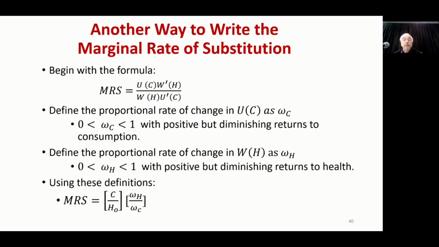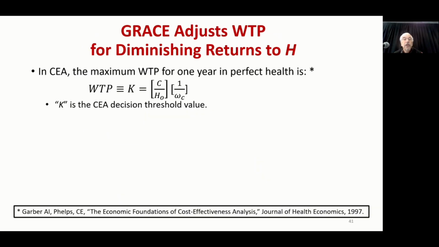And using those, we can redefine the marginal rate of substitution as consumption, the level of consumption you have, the dollar value of it, divided by health in the perfect state. That's equal to 1, actually, in the normal model. And then the ratio of these two proportional rates of change. So you can see here that the marginal rate of substitution is really going to hinge on how fast utility is changing in health as health changes, divided by how fast utility of consumption is changing as consumption changes.